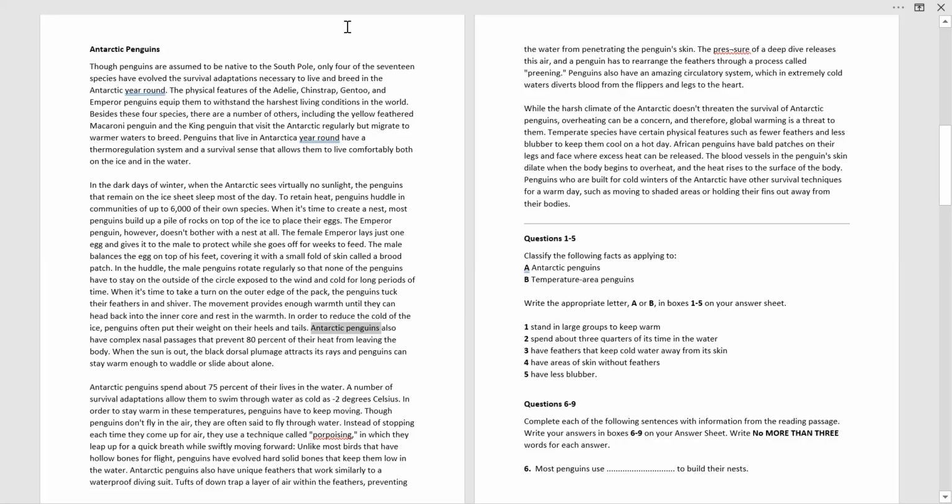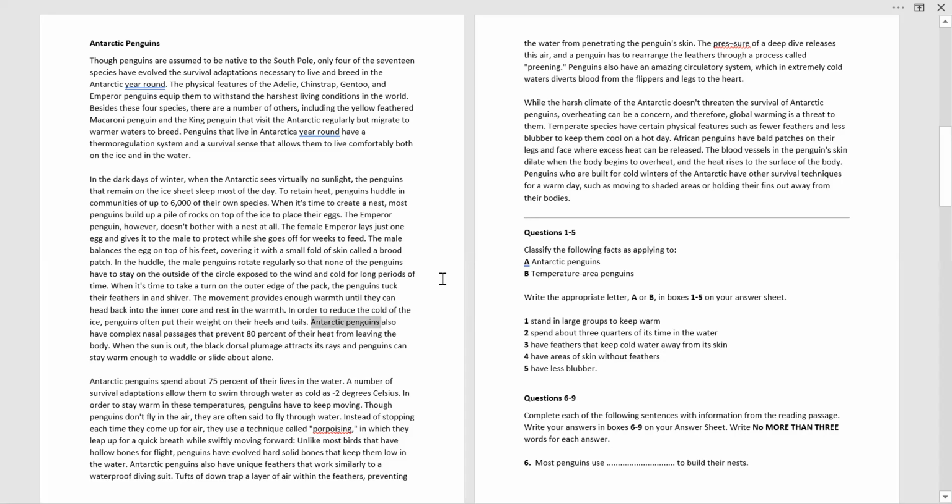So let's see what are our options here where we can get our answers from. Okay, stand in large group to keep warm. Spend about 3/4 of its time in the water.